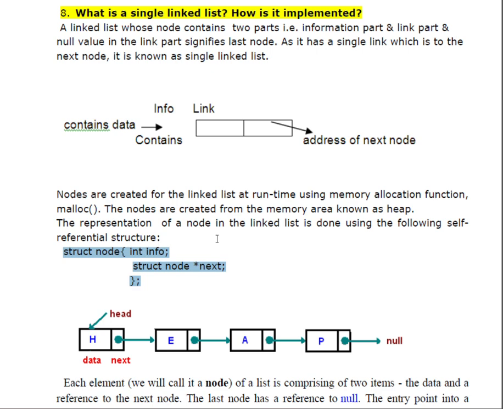Here you can see this very first node is called head. It is pointed to by a head pointer. In a linked list, this is one node, this is one node, this is one node, and these are all connected or linked.